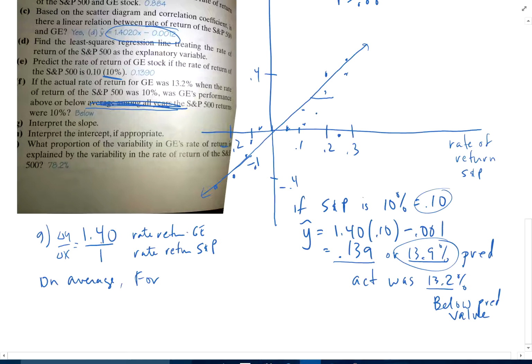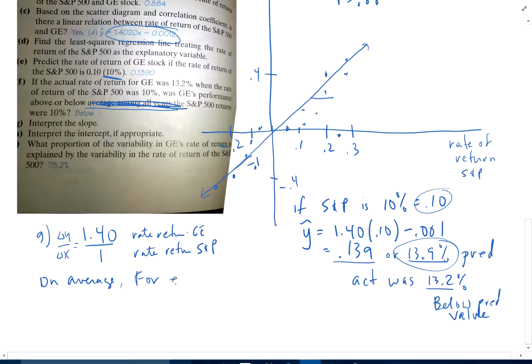We have to be careful how we're talking about this. For each increase, in terms of what? Do we need to write this in percentages? Sorry about that, I had to take a pause there. So on average, if we call these percents, for each increase of 1% in the S&P rate of return, that corresponds to an increase of 1.4% for GE. If I convert these to decimals, then it'd be 0.01 and 0.014.